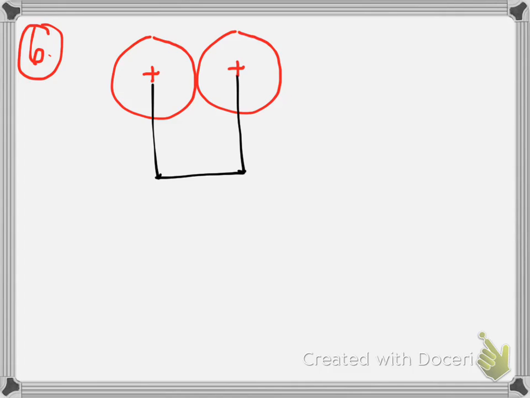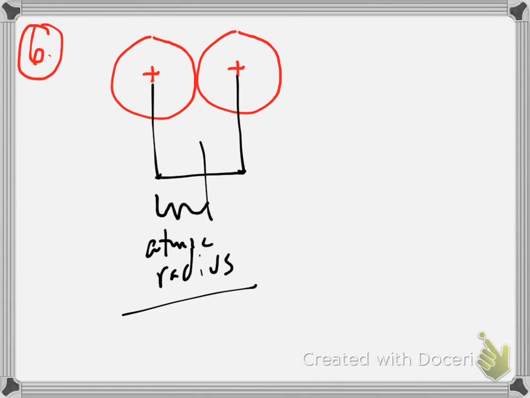However, the way the question's written, it actually refers to bond length, but we haven't talked about that yet. So, whoops. My bad, I need a proofreader. Okay, and that would be atomic radius. We won't start to talk about bond length until next chapter.